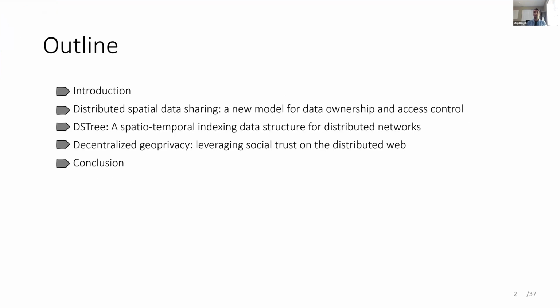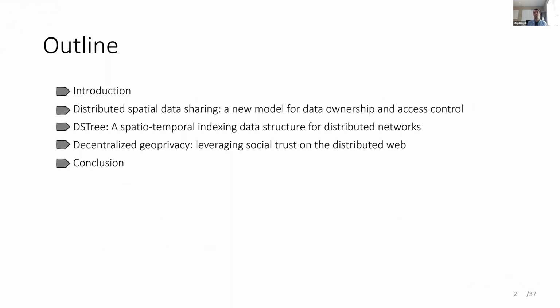So to get started, I'm going to quickly go over the outline of today's presentation. I will go through the introduction, and I will discuss what distributed spatial data sharing is and how we define it.